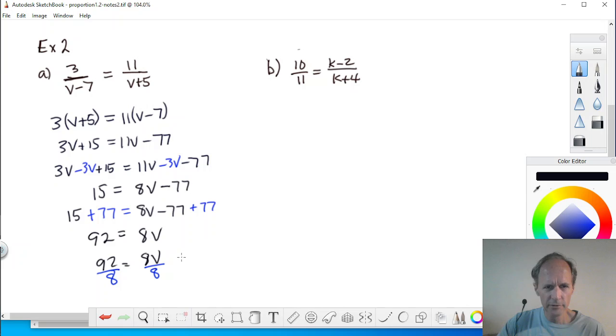Running out of room. I'll squeeze it in here. So that's 92 over 8 equals v. We need to reduce that to lowest terms. And that is dividing the top and the bottom of 92 over 8 by 4. And that's 23 halves. Just squeeze it in there like that.